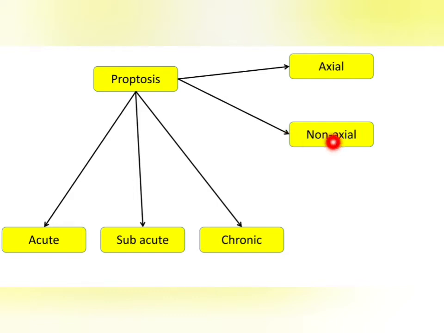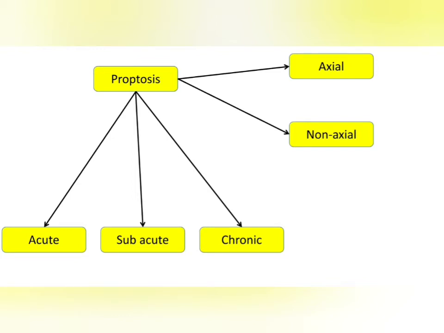Okay. If I talk about axial and non-axial, this depends on the axis of the forward protrusion of the eyeball. In axial proptosis, the eyeball moves forward along the proper axis, and in non-axial, the eyeball moves forward and can deviate anywhere.